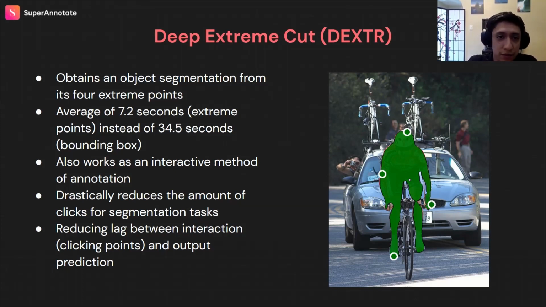With this 4-point click method, it was easier to just click on the surface or the boundaries of where you thought the object is, and then the bounding box would automatically be drawn around it. So yeah, this also reduced the lag time between interaction, whenever you're clicking on the points, and when the output of the model is presented. So this was also one of the main advantages of using this method.